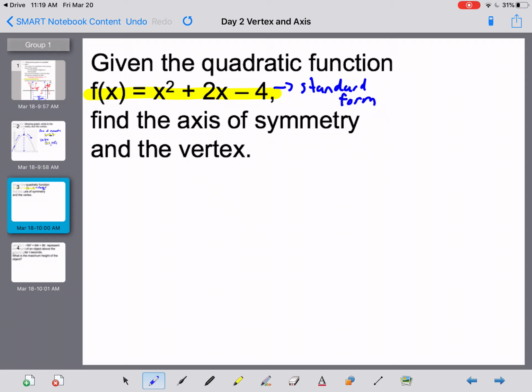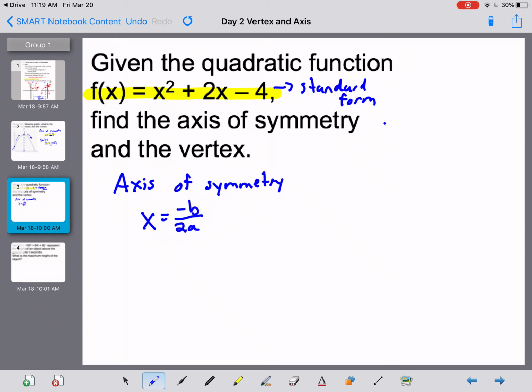So when we have a quadratic function in standard form, we can always find our axis of symmetry using the same formula. Our formula to find the axis of symmetry is x equals negative b over 2a.